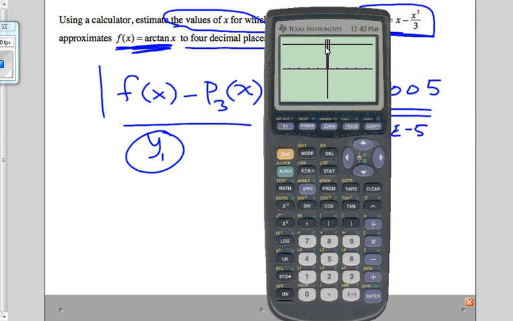So in this region here, that's where my f of x minus p sub 3 of x is less than 0.00005. But we need to zoom in on that a little bit. So let's change my window to go from negative 0.5 to 0.5.